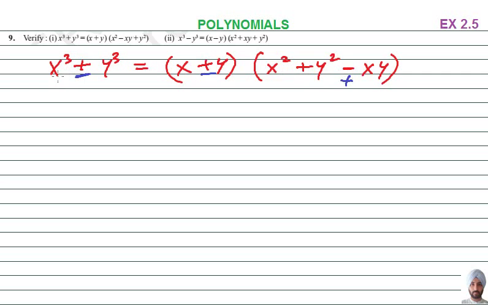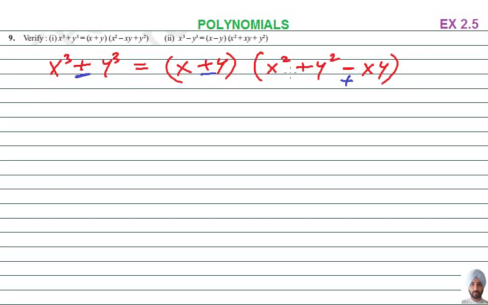So what we are observing here is when it is a positive sign here, then all good except xy. Xy will be of opposite sign, that will be minus. If it is minus, then it will be minus according to this.